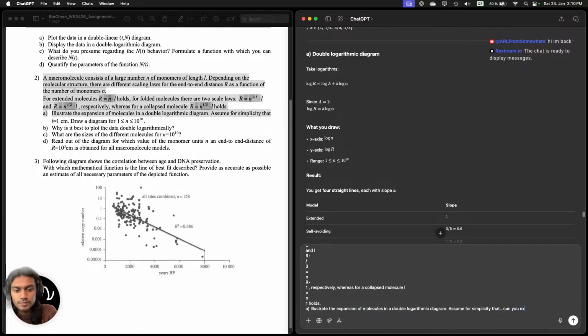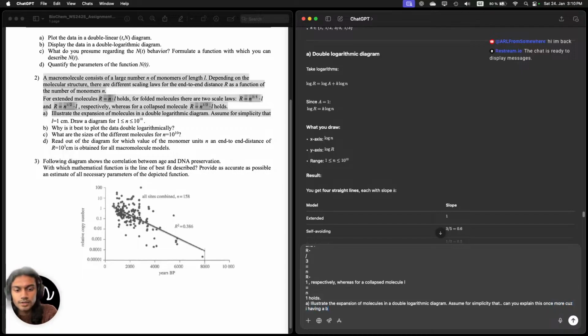Can you explain this once more? Because I'm having a hard time visualizing the different types of macromolecules.